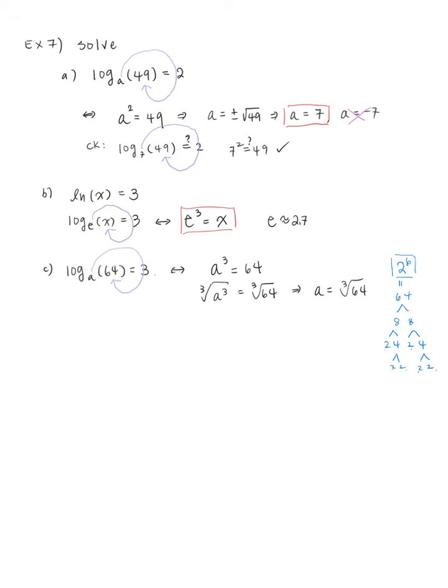All right, so therefore, let me just bring this over here. So our a is the cube root of 2 to the 6, which is the same thing as 2 to the 6 over 3, which is 2 to the second power, which will give us 4. So therefore, our answer, a, is just good old 4.